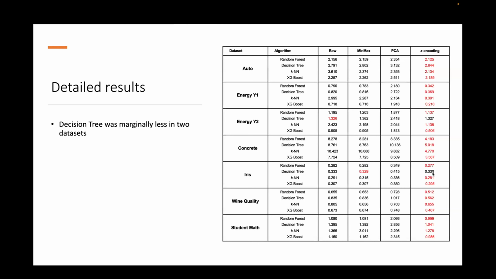Similarly here, 0.001 more. And yeah, we plan to do some further work to understand why in both cases decision tree alone didn't have that increase. Maybe the data was already in such a refined form that it wasn't able to produce any increases. I mean, Iris is a pretty clean, very controlled data set, so that might be the case for that.